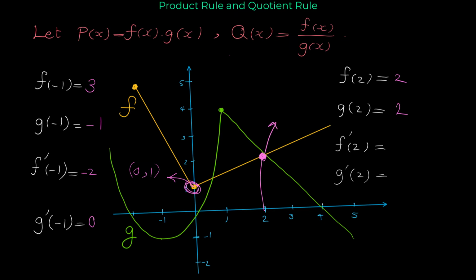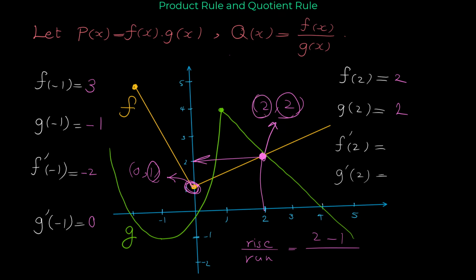The coordinate of this point is 2, 2. X is 2 and y is also 2. And now if we calculate the rise over run, this equals 2 minus 1 over 2 minus 0.